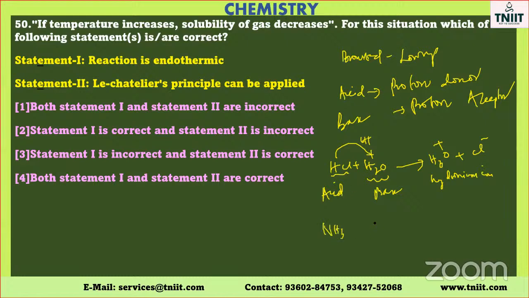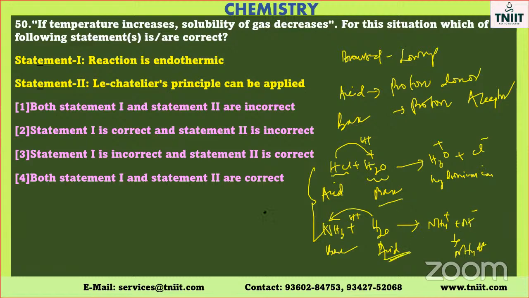Likewise, if ammonia is dissolved in water, H plus will be donated by water to ammonia, giving NH4 plus and OH minus, that is ammonium hydroxide. Here, water is donating a proton, therefore water acts as an acid. Ammonia accepts a proton, therefore ammonia acts as a base. From these two equations, we can understand water is acting as an acid as well as a base.